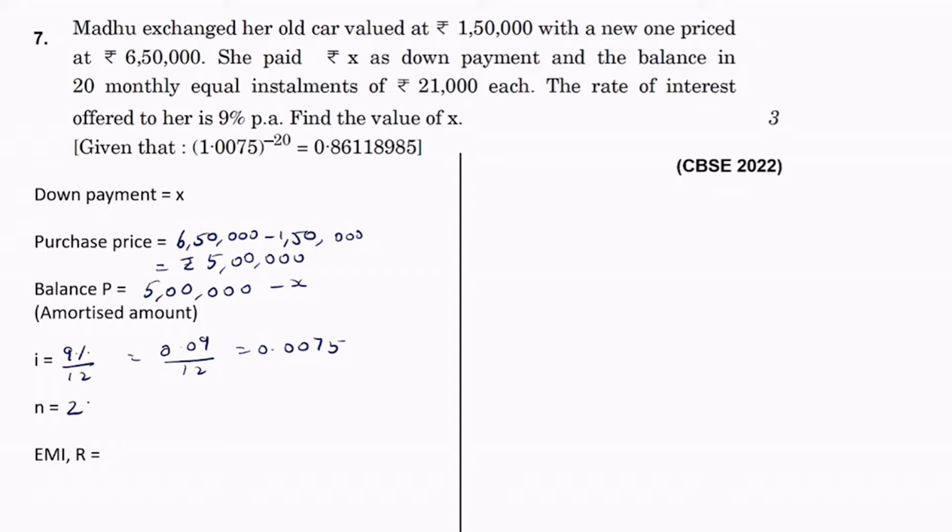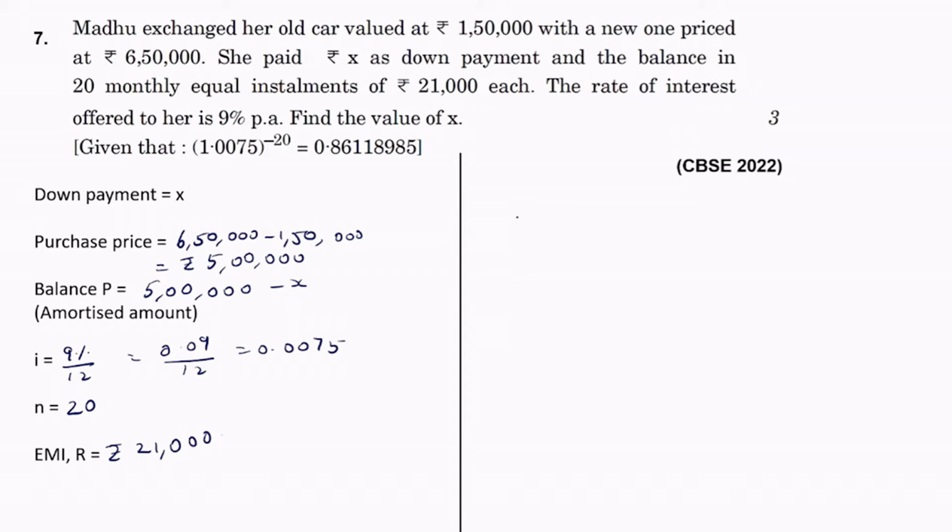So N is 20. Next we have EMI R. Here it is given, she paid the balance in 20 monthly equal installments of rupees 21,000 each. So here the EMI R is rupees 21,000. So from this we have to find X.